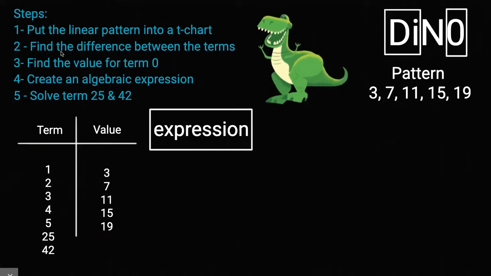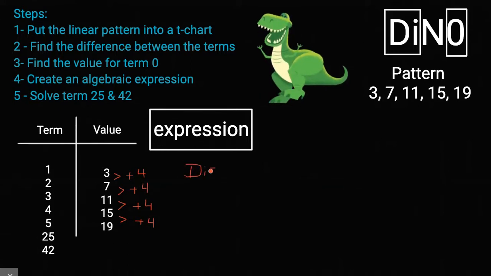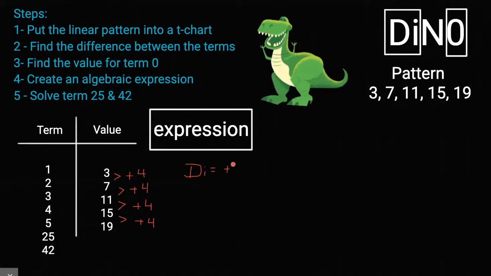So my first step is find the difference between the terms. So again, the difference between 3 and 7 is plus 4. 7 and 11 is also plus 4. The difference between 11 and 15 is plus 4. The difference between 15 and 19 is plus 4. Okay, so I know that the d in dn plus 0, the beginning, is plus 4.